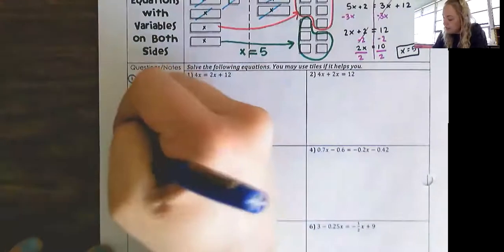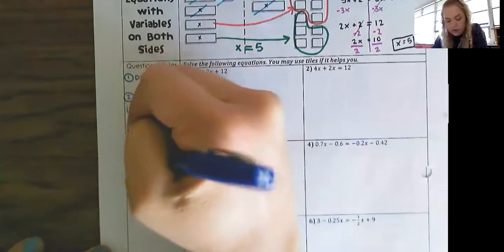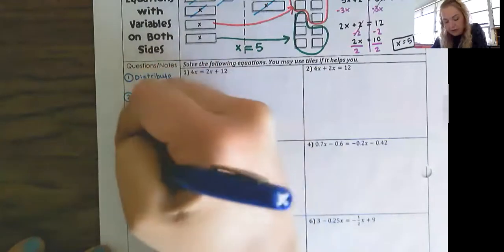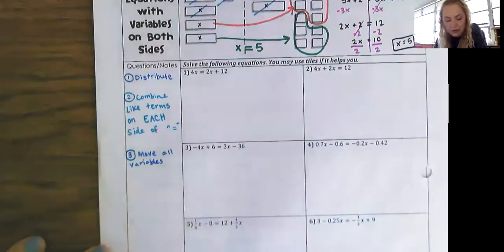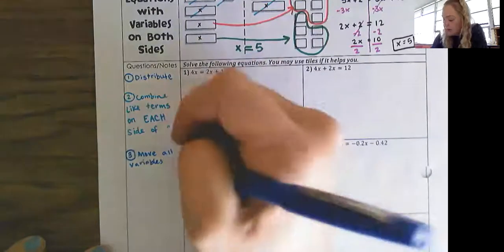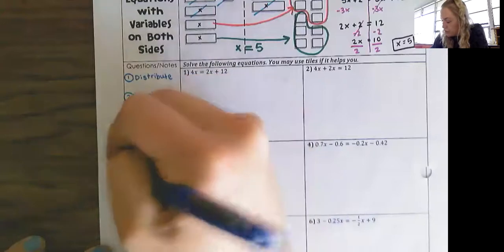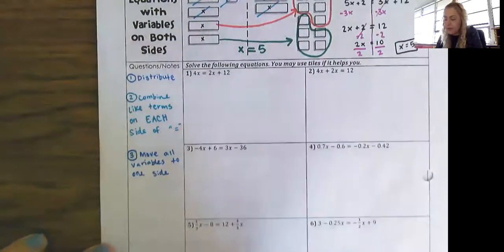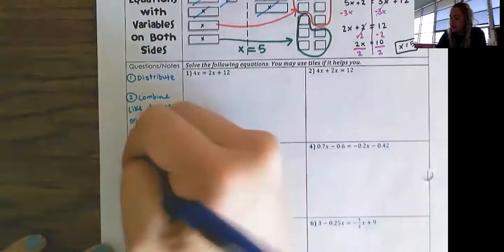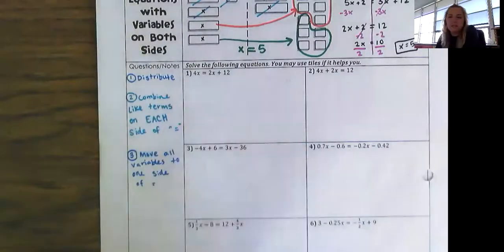All right, step 3, move all variables, that's like your letter, all X or Y or whatever it is, to one side of equals. So you're going to get all the variables to the same side.